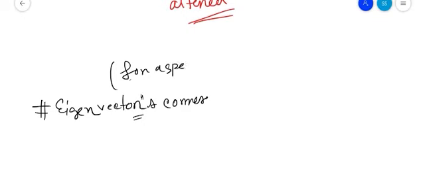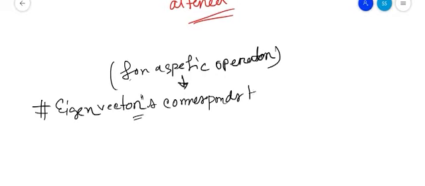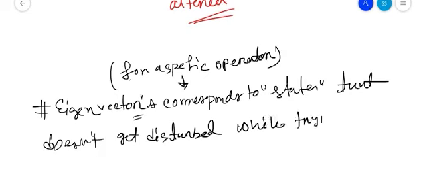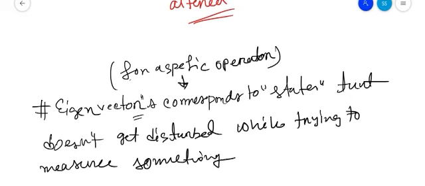For a specific operator, eigenvectors correspond to states that do not get disturbed while trying to measure something about that state.